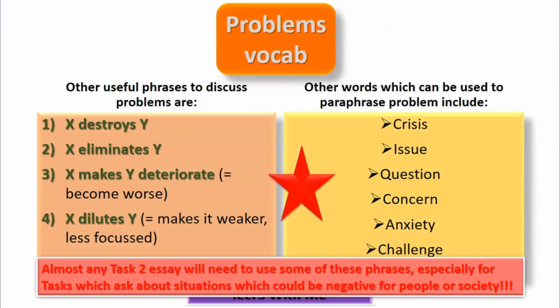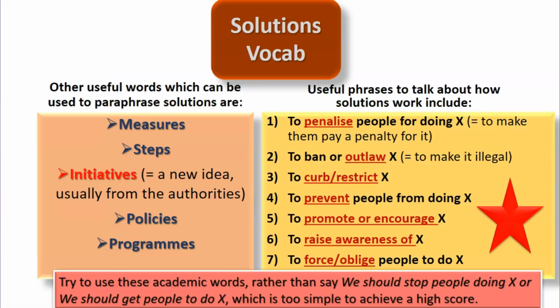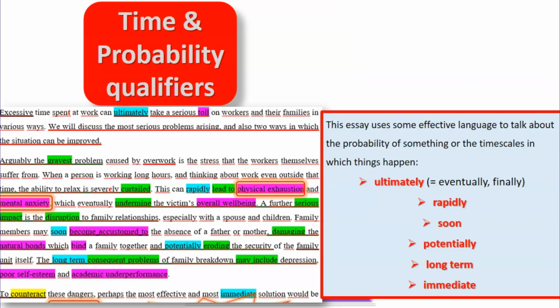The candidate showed us time and probability qualifiers. The candidate showed us that this solution is going to happen in this specific period of time, or shows us the probability that something is going to happen, right?